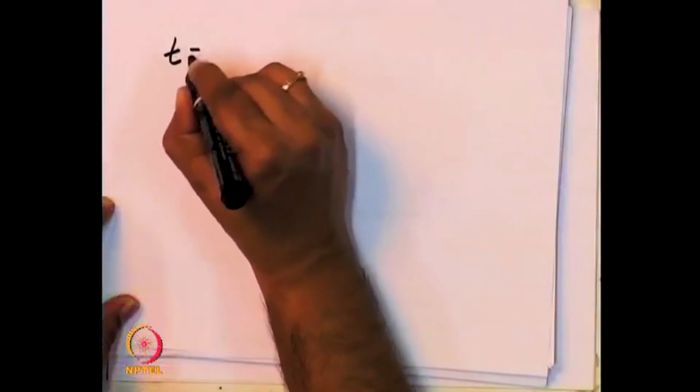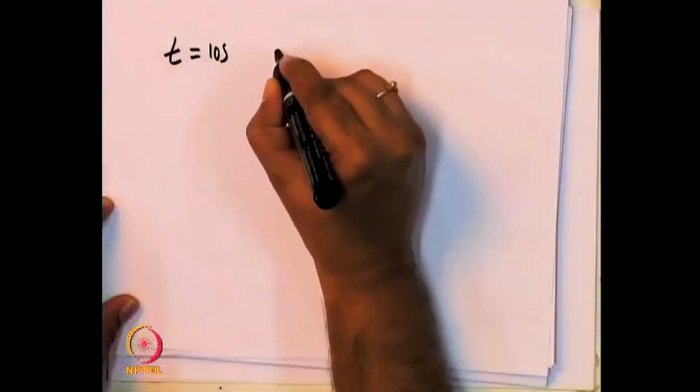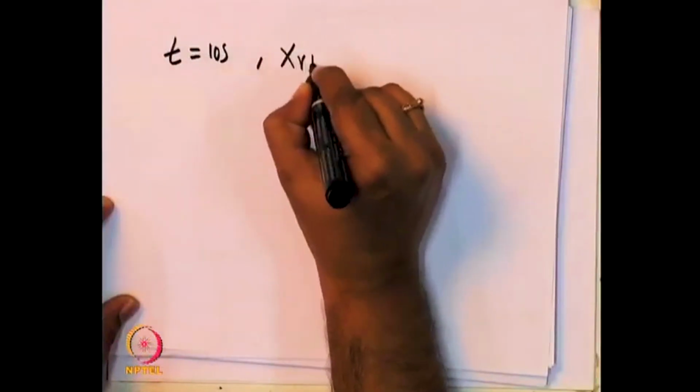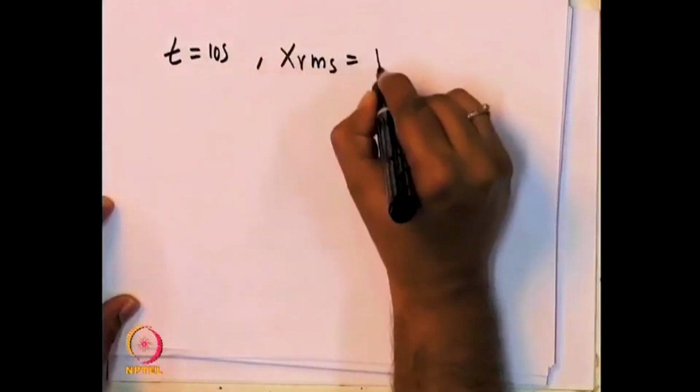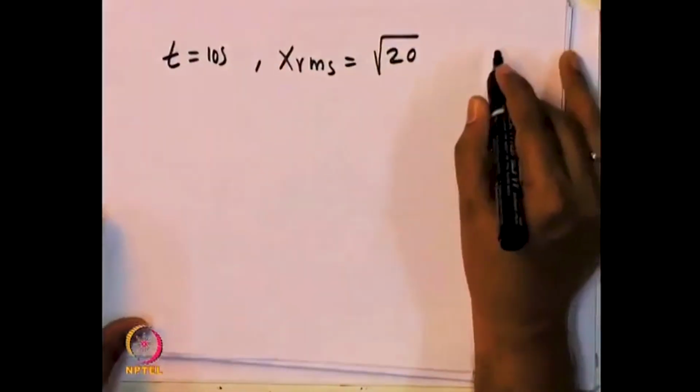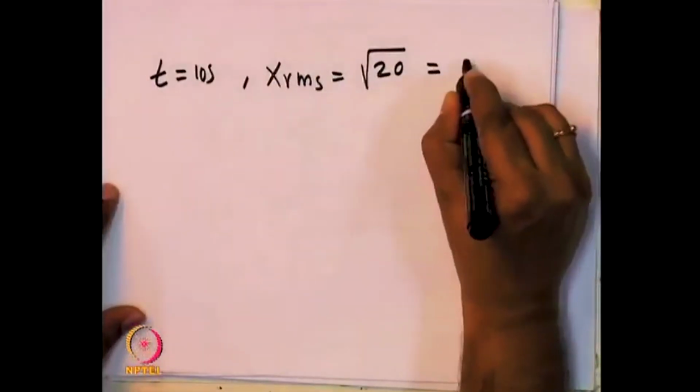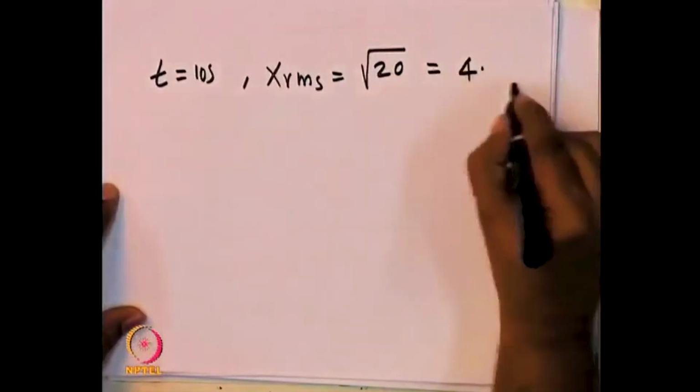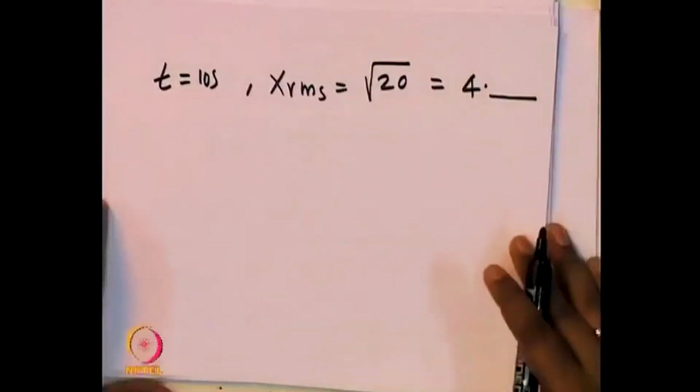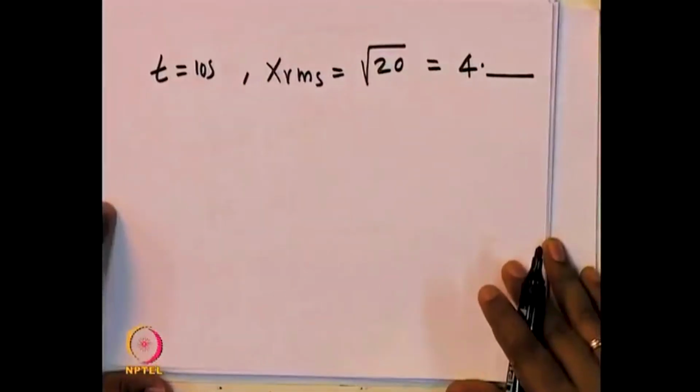So, let us look at here. First case, when t is equal to 10 seconds, we get x RMS is equal to root of 20. We know that this has to be 4 point something, because root of 25 is 5, root of 16 is 4.